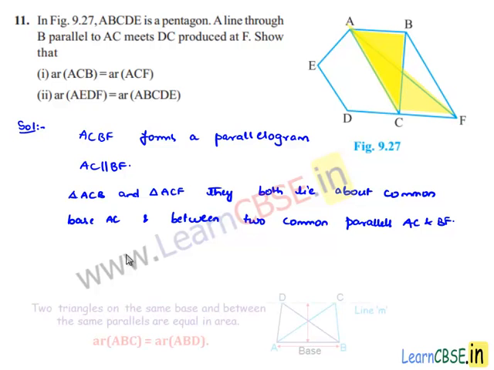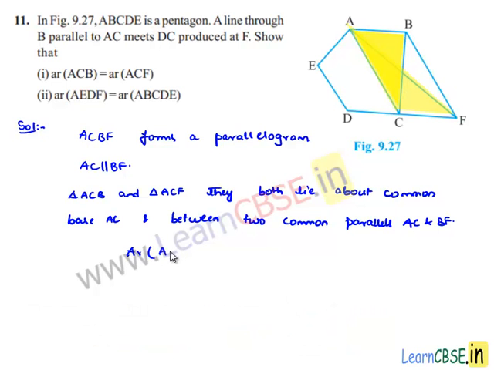Therefore, we can say that the areas of triangles lying in between the common parallels and having the common base will be equal. Therefore, area of triangle ACB is equal to area of triangle ACF.